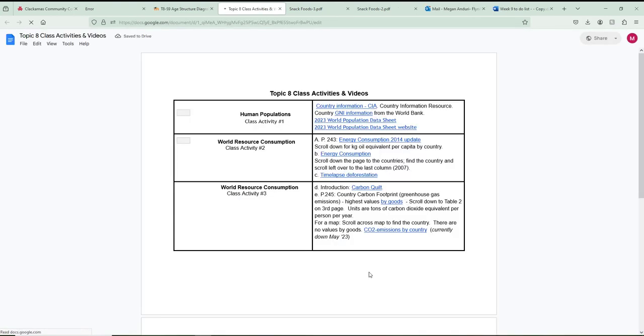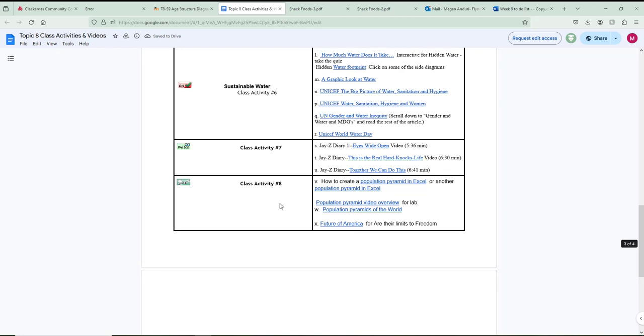So we're going down to population pyramid in Excel, or I actually like to do this on my own, because we have a bunch of graph paper. So you can make it in Excel if you'd rather do it that way. There's some instructions on how to do it in Excel, or you can graph it on your own in the graph paper that's provided. Here's a population video overall that you can also watch on how to construct one.